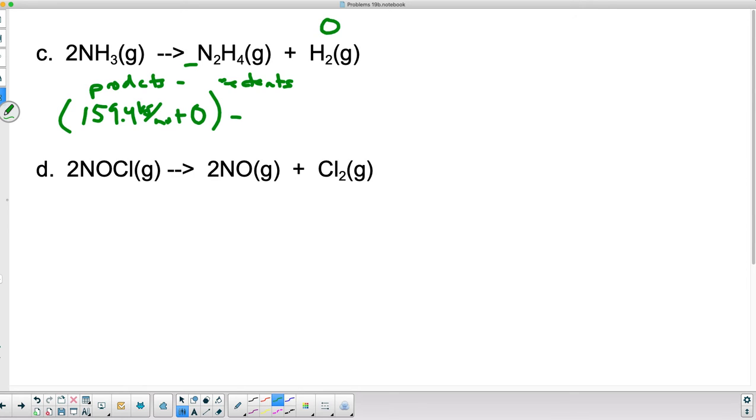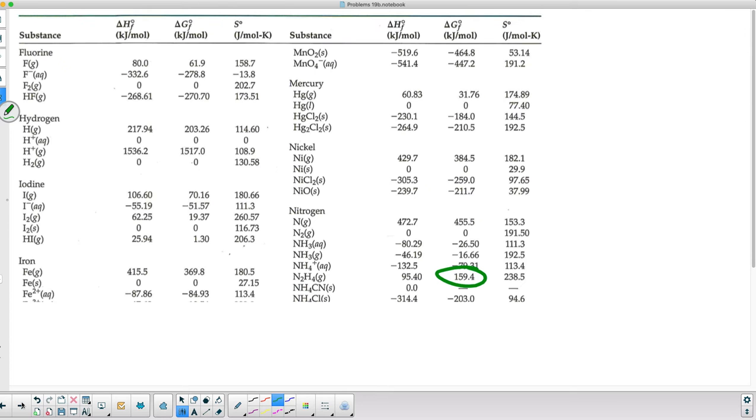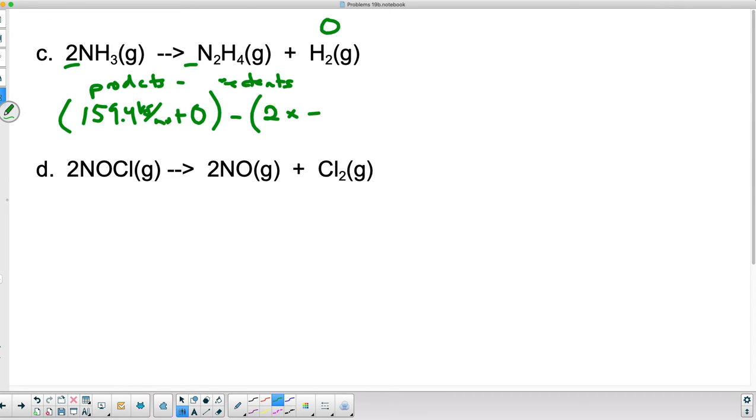And then I subtract 2 times, because of that 2 there, NH3, that's a gas, negative 16.66.